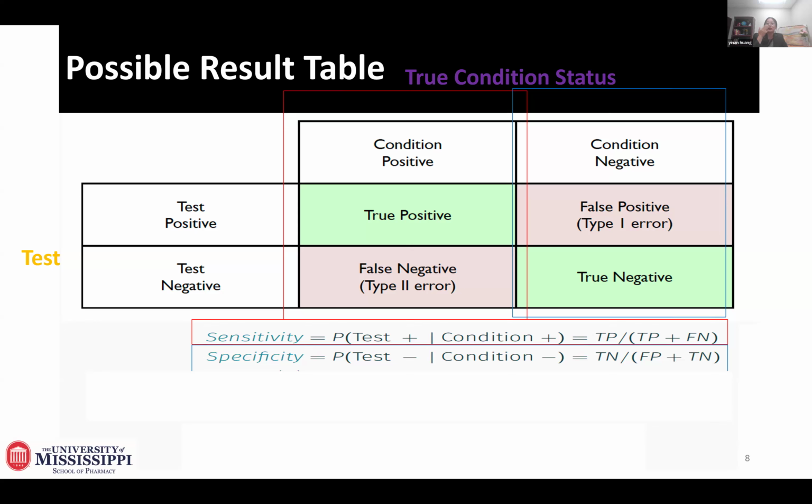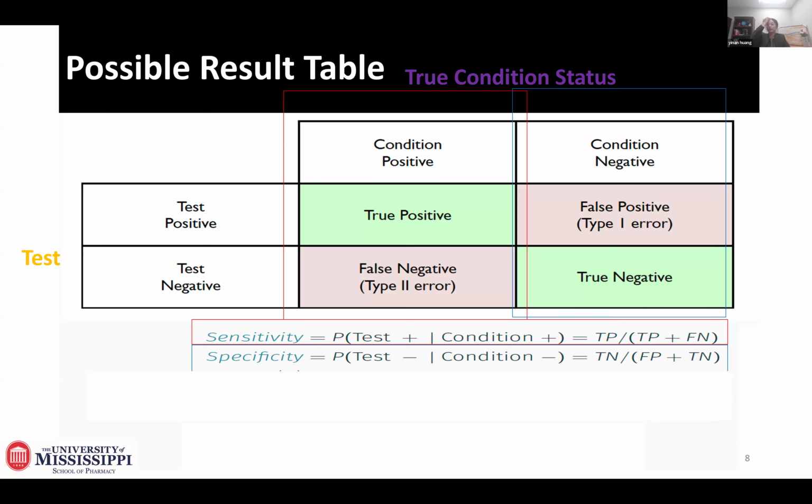So the sensitivity equals the total number of true positive divided by the total number of true positive plus false negative. In other words, sensitivity means that among the population who have COVID-19, what is the proportion of the test results showing them being tested positive, right?